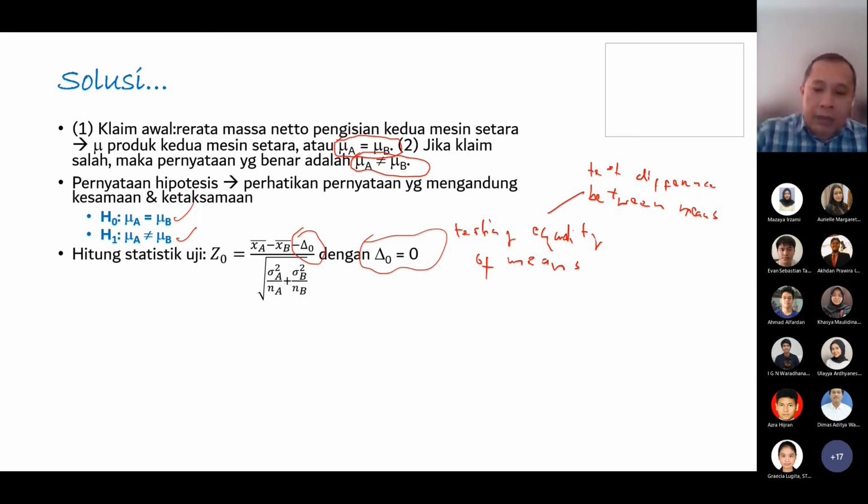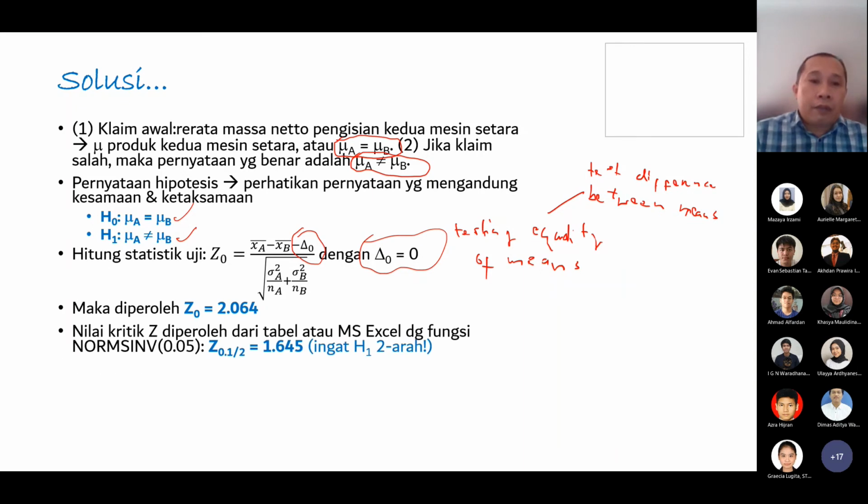Now, in this case, we want to test equality of means. So all we have to do is plug in the numbers, and we obtain Z naught to be 2.06. The critical value of Z can be obtained using a table or Microsoft Excel. Oh yes, by the way, please watch the tutorial video that I have uploaded, because that video also contains how to perform hypothesis testing using Microsoft Excel. I'm not going to explain that here because it's quite easy.